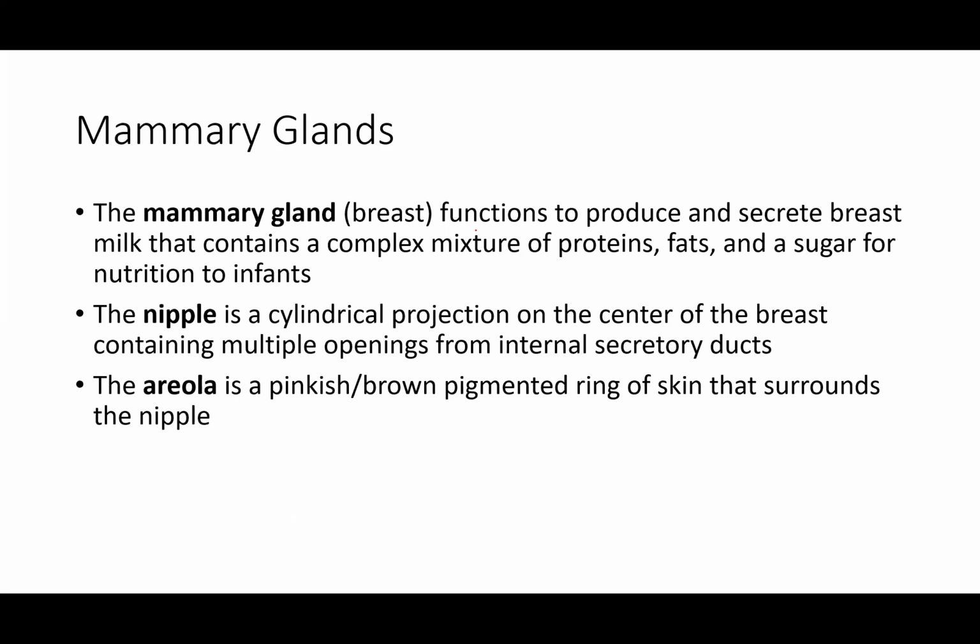It is a complex mixture of proteins, fats, and sugar for nutrition to the infants. You'll also find colostrum, which is a really good immune part that usually occurs only within the first couple days or so after the child is born, with breastfeeding.